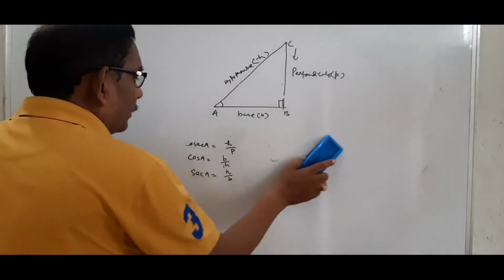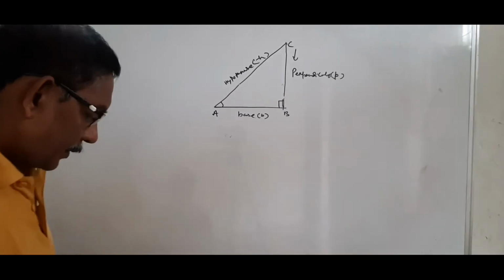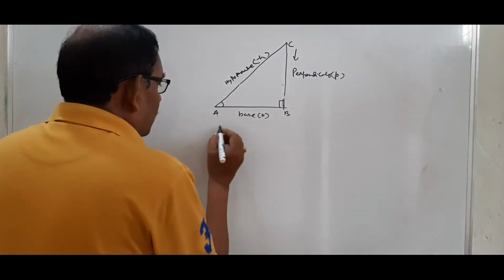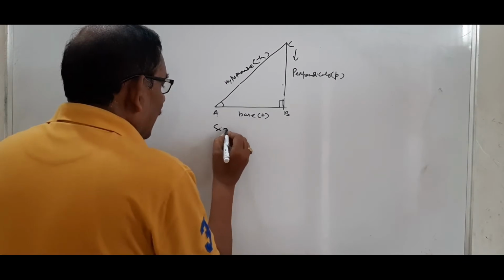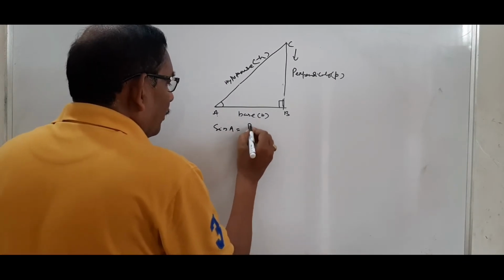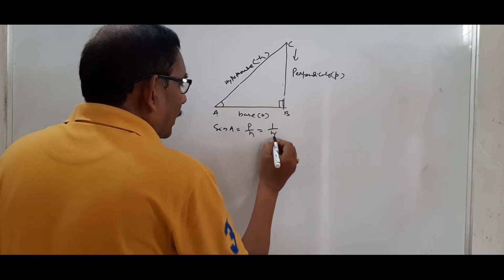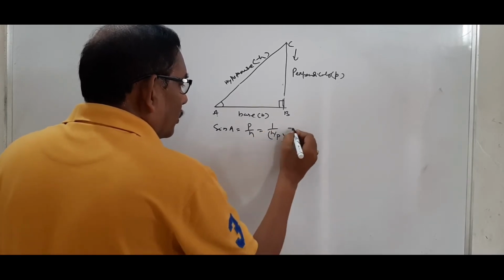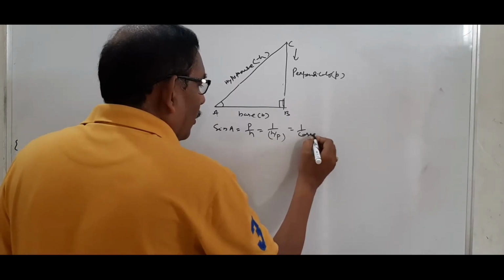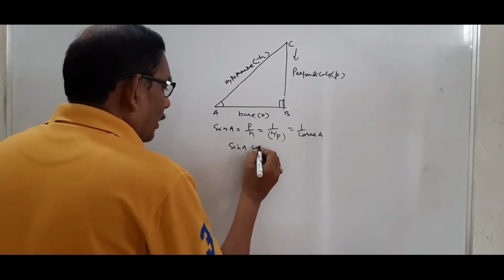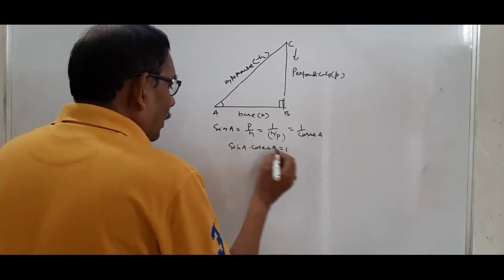Similarly, let us talk about the T ratios. Since sin A is equal to P by H, that equals 1 by H by P, so 1 by cosec A. Then sin A into cosec A is equal to 1.